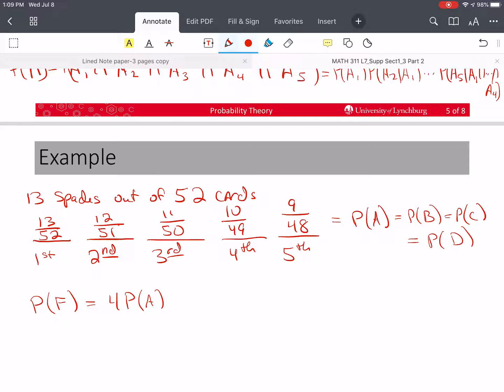Okay, so this would be 4 times 13 over 52, 12 over 51, 11 over 50, 10 over 49, and 9 over 48.